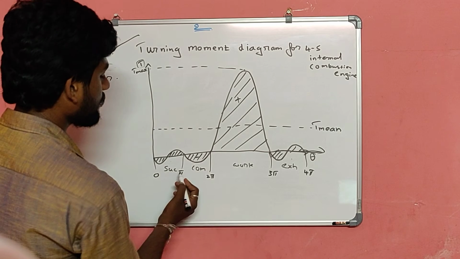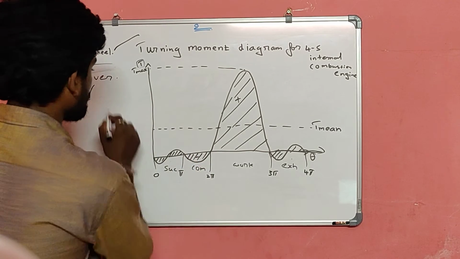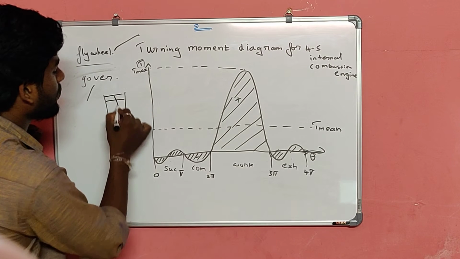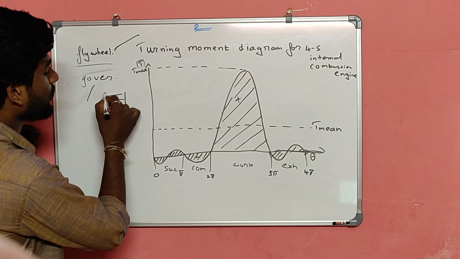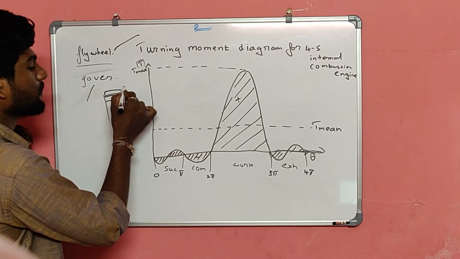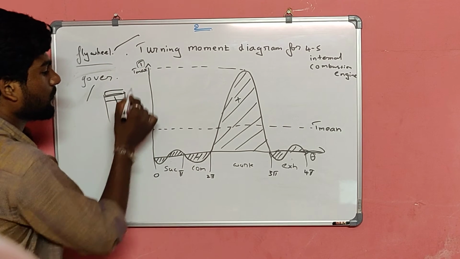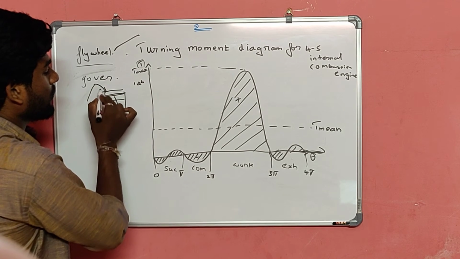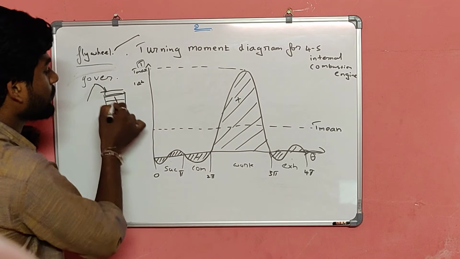So here is suction. As you all know, inside the engine during the suction stroke, a vacuum is created. Not an exact vacuum, but the pressure is much lower than atmospheric pressure, so the air-fuel mixture comes in.